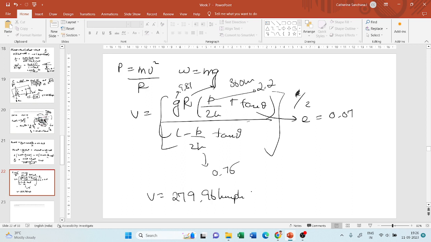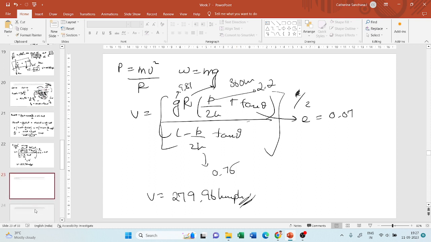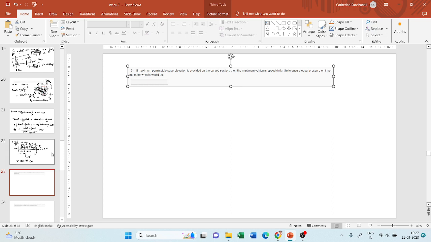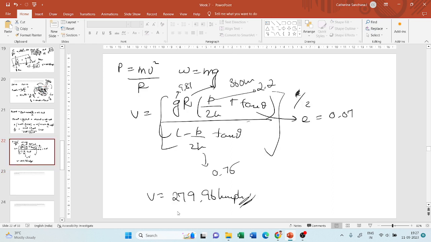All these values are not reasonable, but still they are asking you the maximum speed. It is just a theoretical solution. So the answer to this is 279.96. This is the equation for maximum speed in order to prevent overturning on a super elevated section.